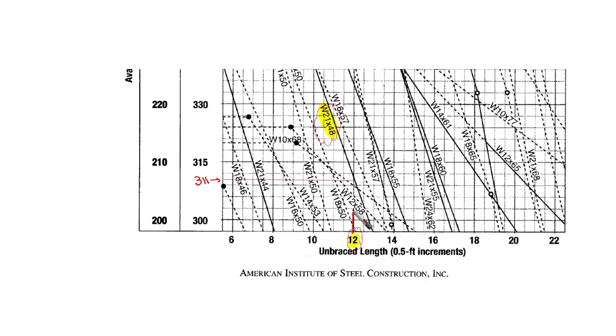This is 12. This is the point that we can get, it's 311. This point is on the shape W 21 by 48, for the unbraced length of 12.